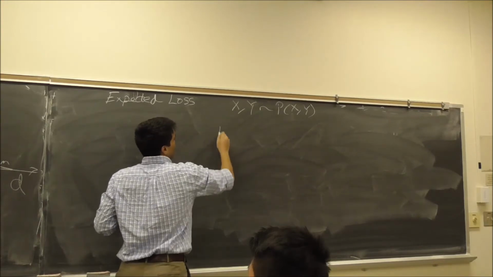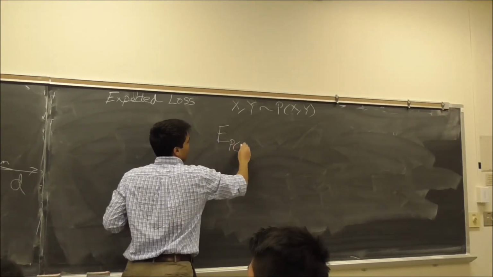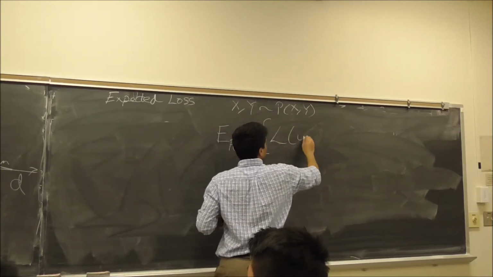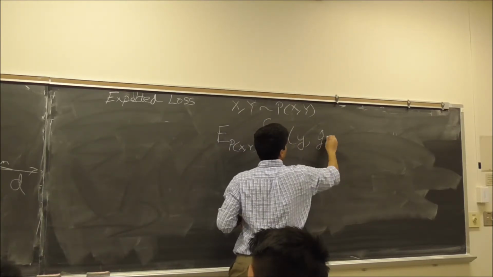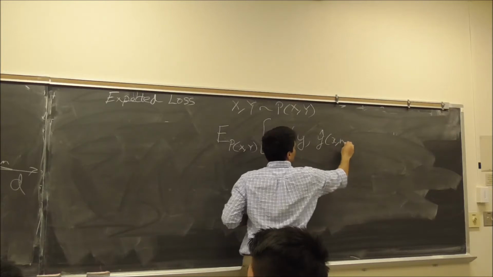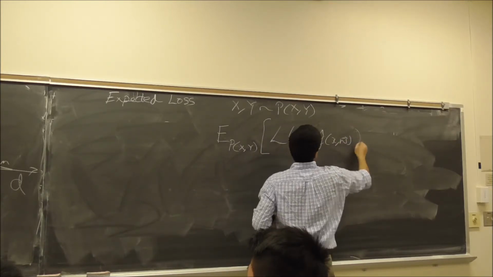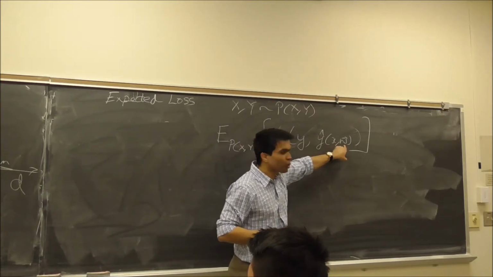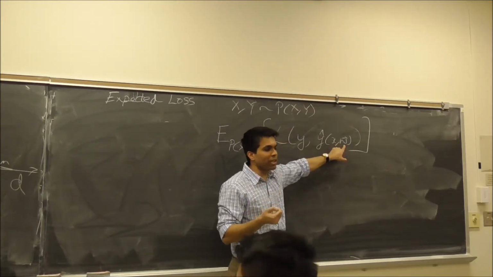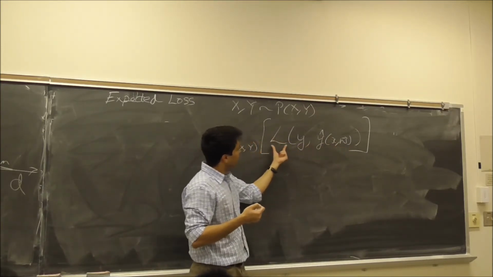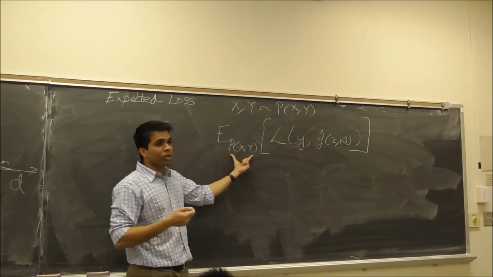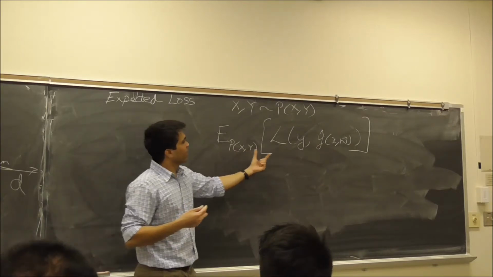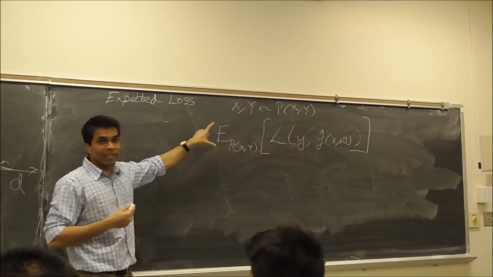What you actually care about is, on average, if someone computed this expectation of the loss function of Y compared to Y hat of X over W. Right? If you were given an X, and you chose a particular model class and a particular parameter, and you made a prediction, here's the loss of that prediction, and if you could compute the expected loss over all possible X and Y, and that would be small, that's your goal.